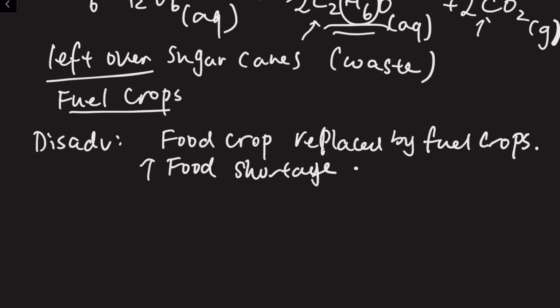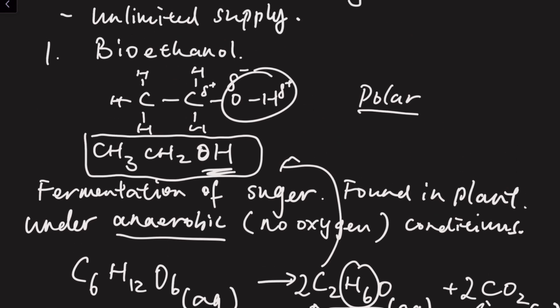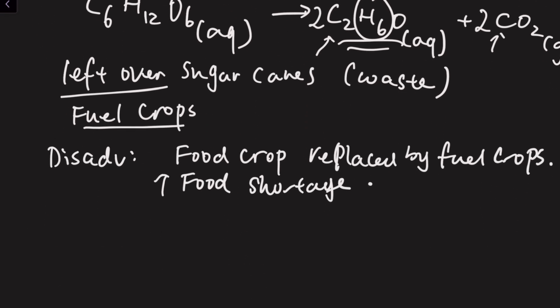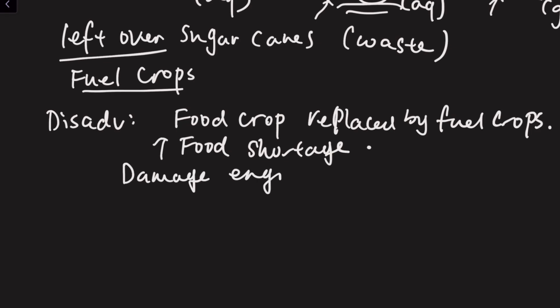Another disadvantage of bioethanol is that we can look at the chemical structure. It is a polar molecule, so it can absorb and attract water. Because of this, it can damage engine parts.